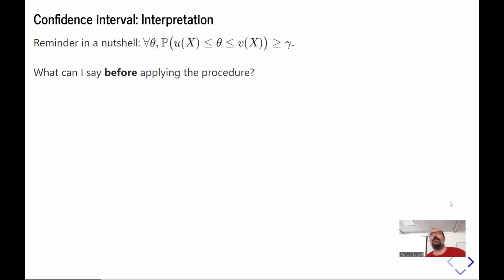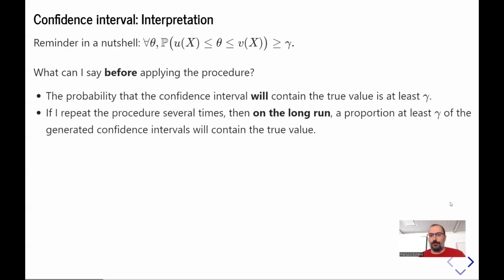There's already a probability, okay? So when I am going to do the procedure, I can say that the probability that theta will be in the confidence interval is at least gamma. So that's the probabilistic interpretation. And in probability, when you have a probabilistic interpretation by the law of large numbers, you also have a frequentist interpretation, which is that if you repeat the procedure many times, then on the long run, a fraction at least gamma of the experiments will lead to a correct result, essentially.